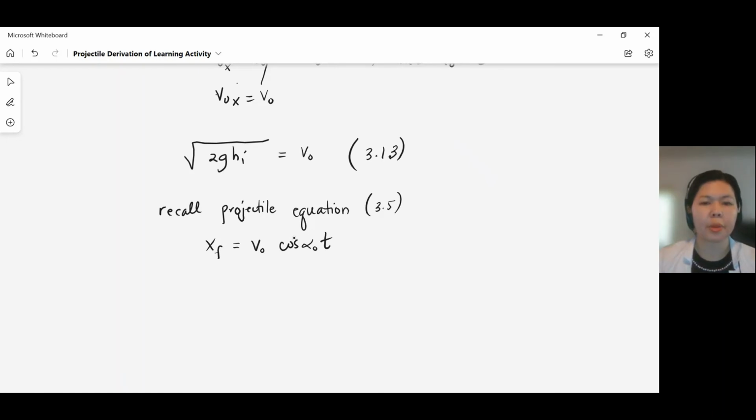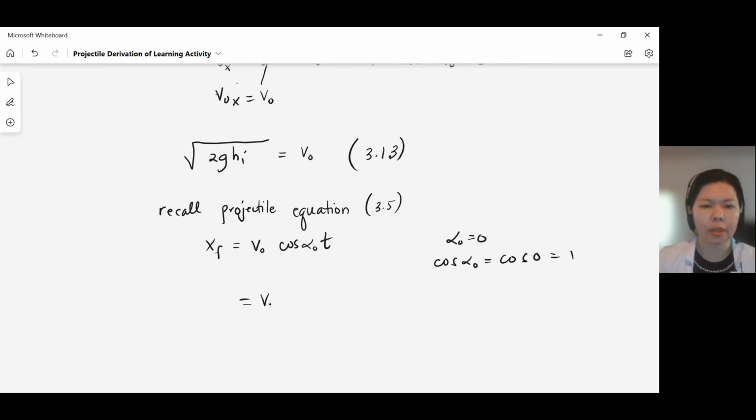But since in our experimental setup, water comes out from the hole to the right, again, alpha naught equals 0. So cosine alpha naught equals cosine 0 equals 1.